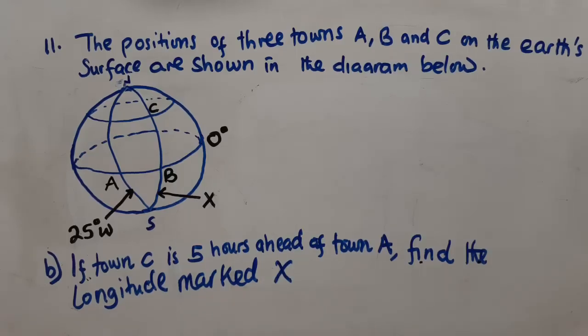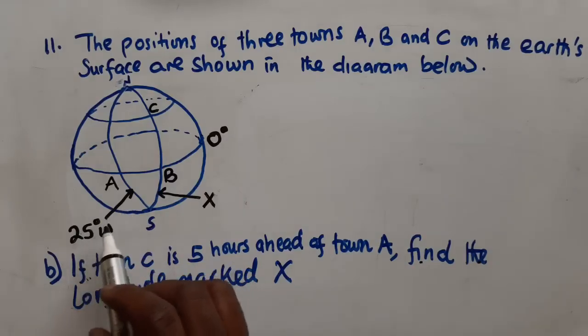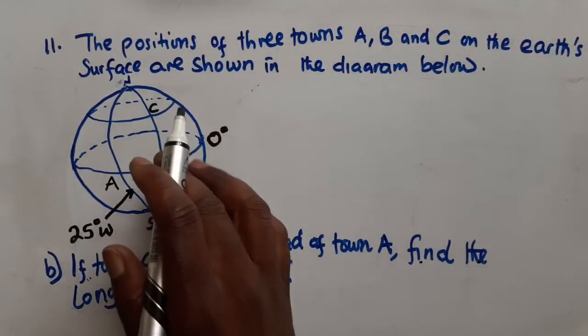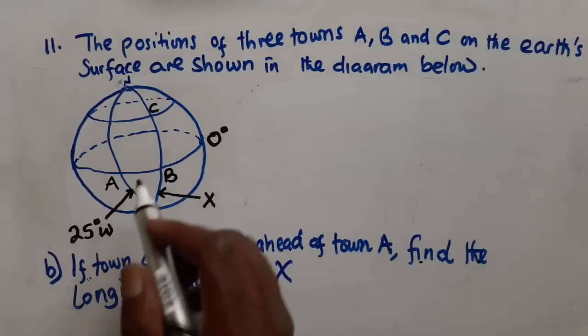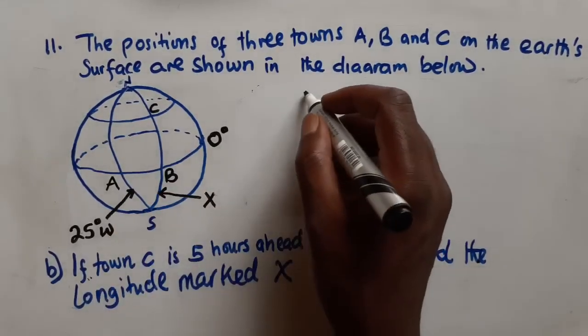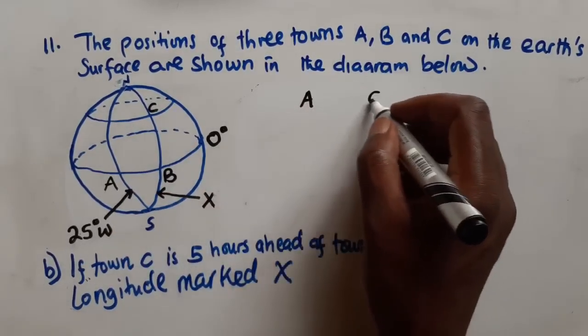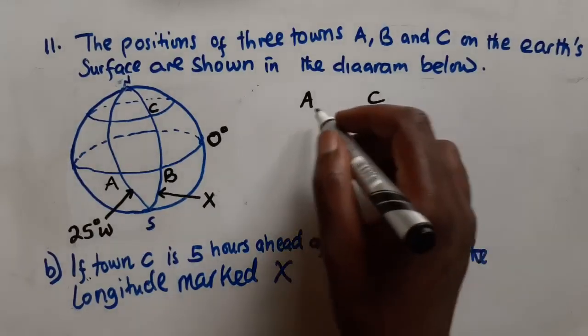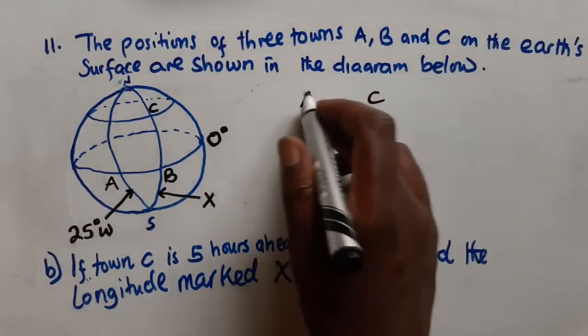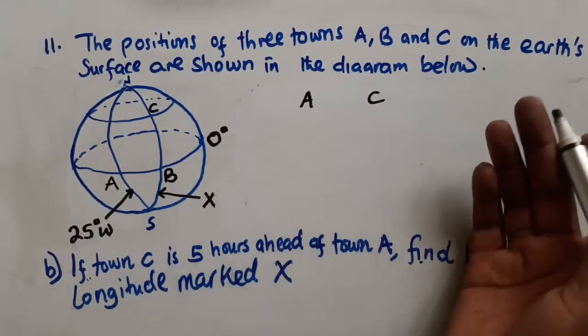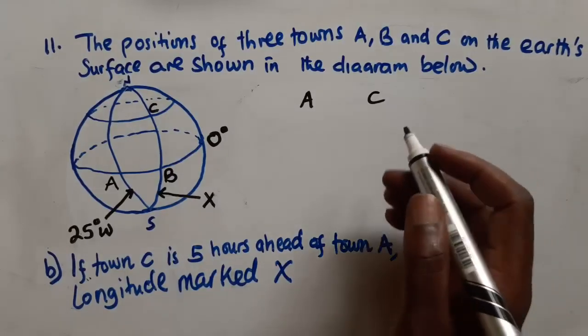So, as you may know, usually this is what we do, isn't it? If we have these points, A and C, they have a difference in time of 5 hours.